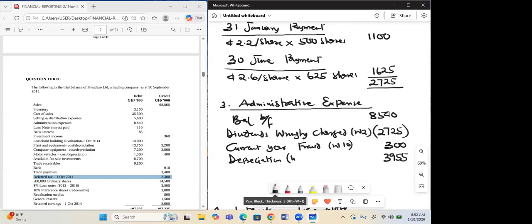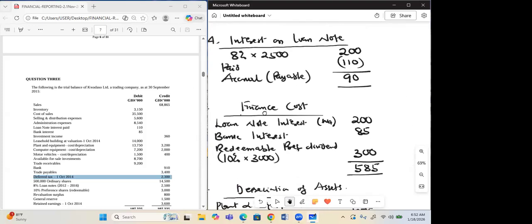So depreciation working 6. So please add the administrative expenses for me. Sum them for me. 10,070. Right? Yes. Okay, so let me go back and then capture them there.